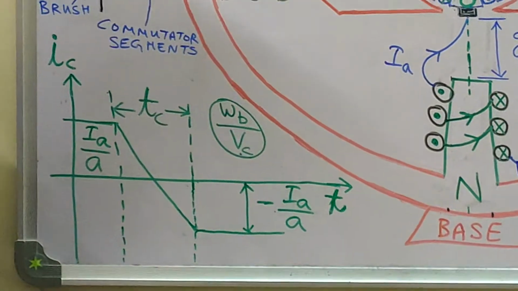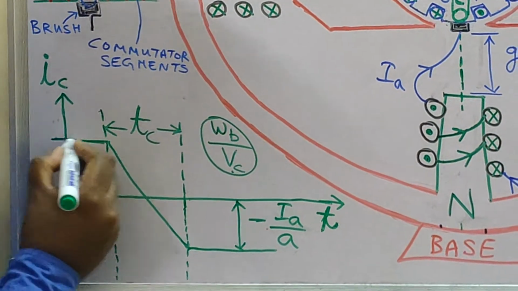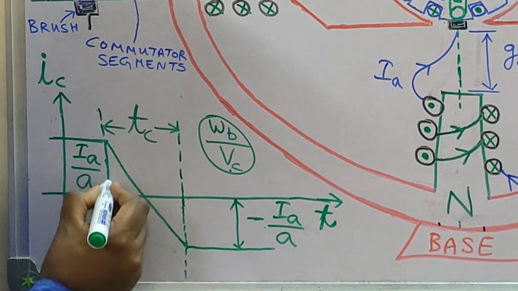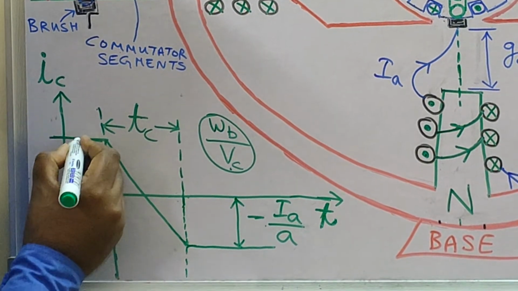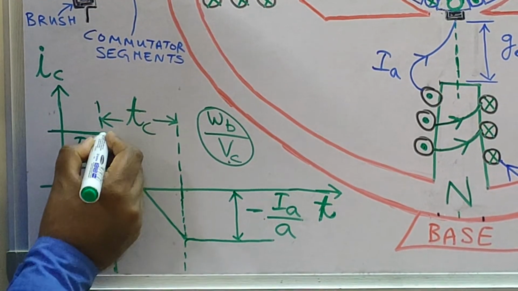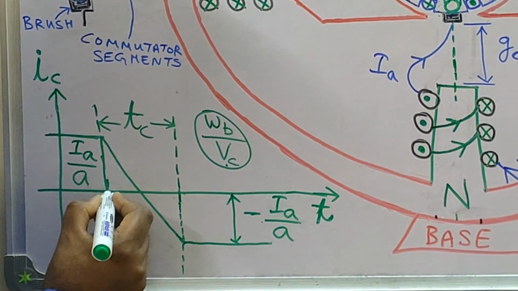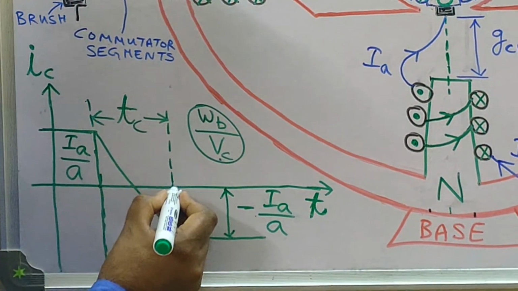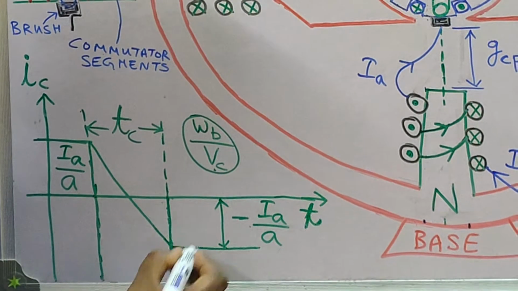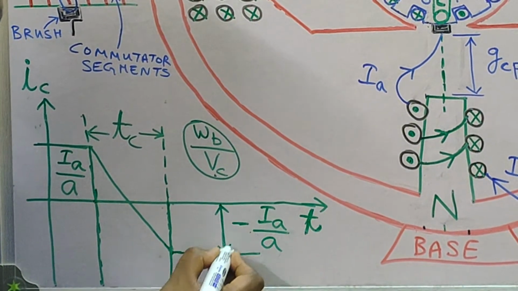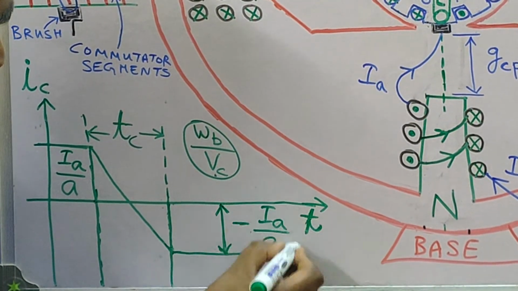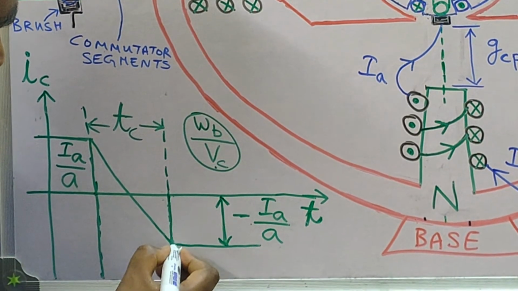So you see, this was the coil current carried by coil 11 dash just before coming in contact with the brush, and this is the current carried by the coil 11 dash, that is minus Ia by A, when it is leaving the brush contact.